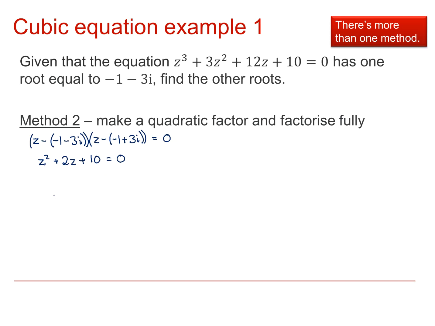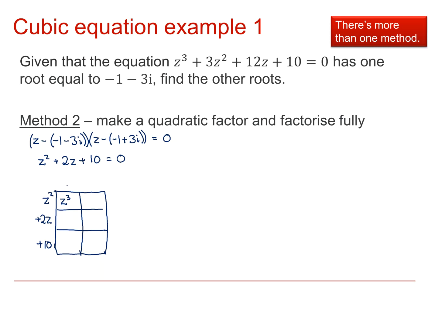You then need to find the other factor, and you can do that by dividing your polynomial using the box method. One factor is z squared plus 2z plus 10, and we need to get z cubed plus 3z squared plus 12z plus 10 as our answer.